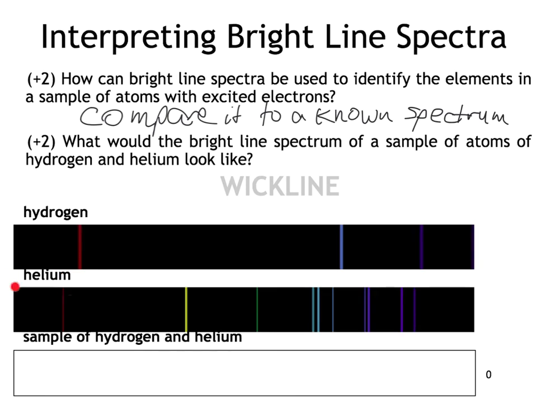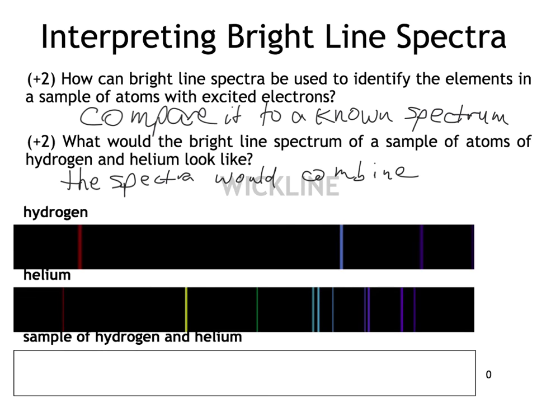Here's hydrogen's and here's helium's, by the way. And if you had a sample that contained both hydrogen and helium, then it would have the lines for both elements in it. So what you can do to represent that is you would just need to combine the spectra for hydrogen and helium into one spectrum, and that would be what you would observe.